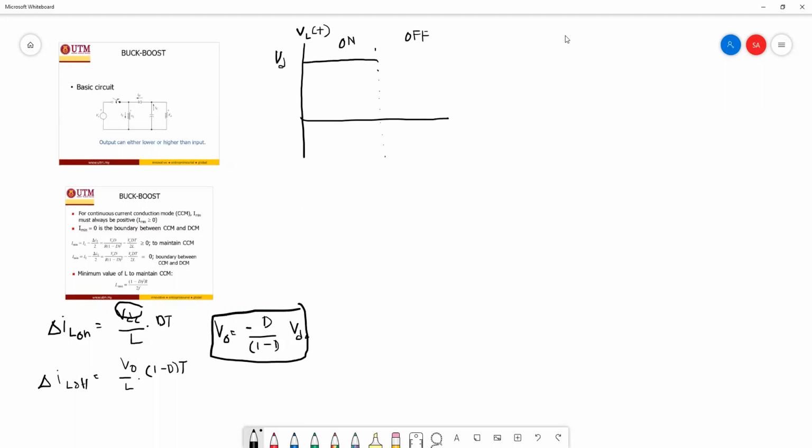During turn off, the voltage across the inductor is equal to V out. Our V out is positive here, but since our V out is negative, we put a negative part here.